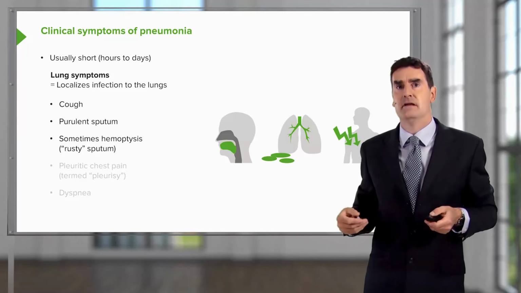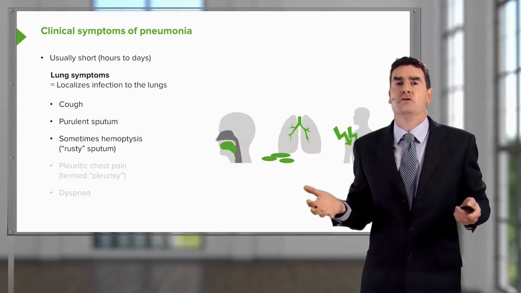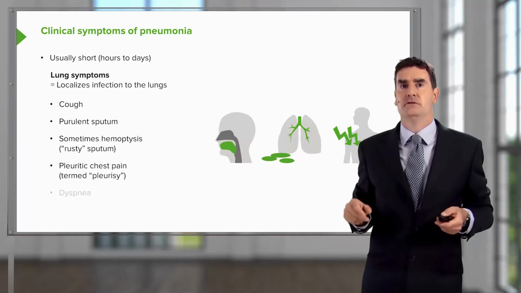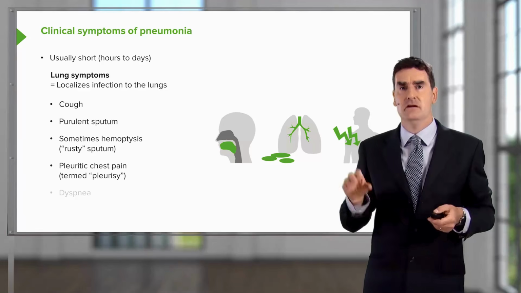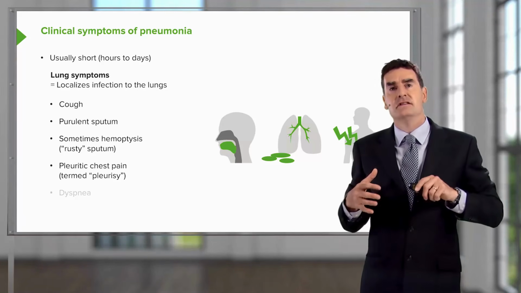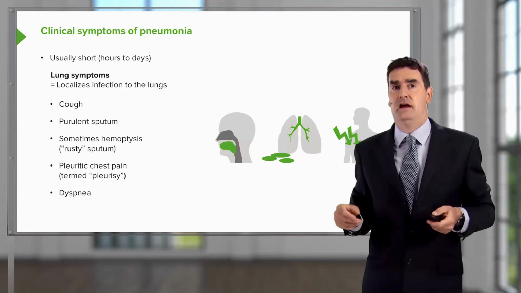Sometimes you get blood in that as well. And the mixture of purulent sputum with blood becomes what we call rusty sputum, a sort of browny color sputum. You may get pleuritic chest pain if the pneumonia is causing overlying pleuritic inflammation. That's called pleurisy. And because the pneumonia consolidation is affecting the ability of gas exchange in your lung, then you might be breathless as well.